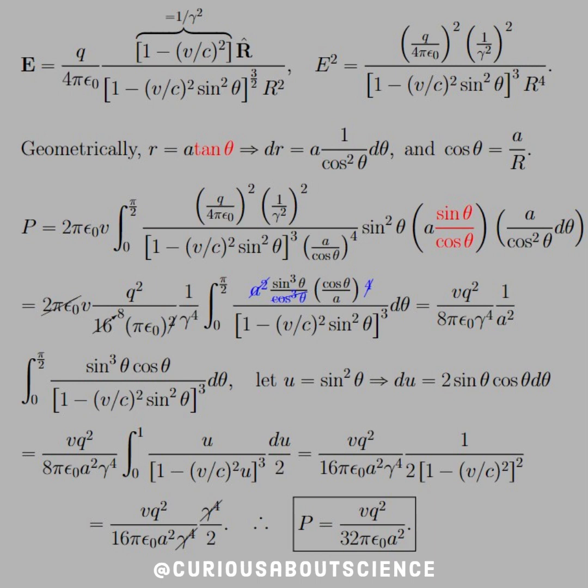Whenever we're dividing by a fraction, we multiply by the reciprocal, and most of those things cancel. All in all, what we're left with after a bunch of cancellations is v q squared over 8 pi epsilon naught gamma to the fourth, 1 over a squared, integral 0 to pi over 2 of sine cubed cosine theta over 1 minus v squared over c squared sine squared theta, all cubed, d theta.